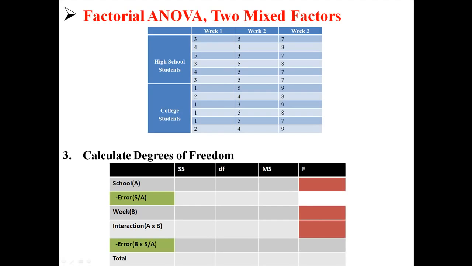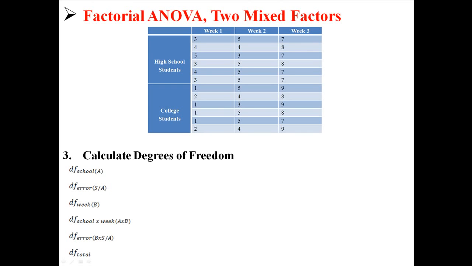Independent factors, like school, have their own error term, and dependent factors, like week, and the interaction, because it contains week, has its own error term. So now we're dealing with 2 error terms instead of just 1. That's because the second error term, remember, is for a dependent variable, so it is going to account for the consistent variability between subjects that isn't accounted for when you have independent factors.